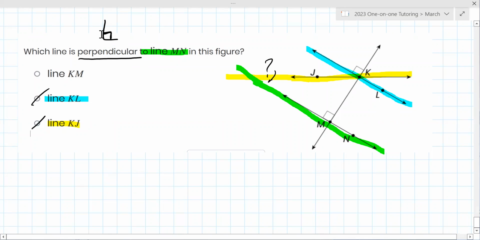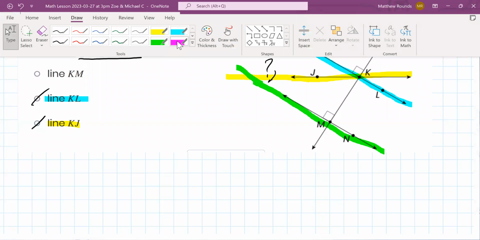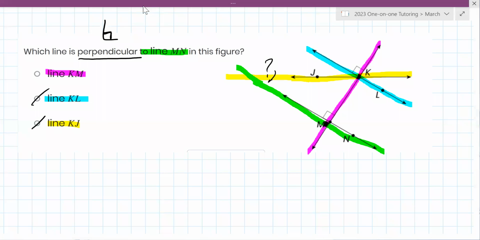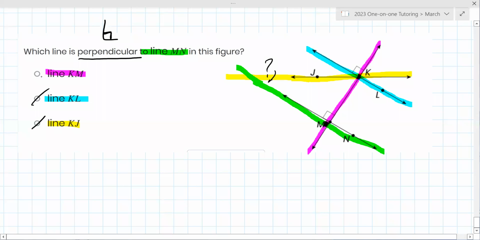Perpendicular means they've got to meet at the box. So the answer must be KM, but let's see why. Here's KM. Is there a box there where they intersect? Yeah. Well, that's what makes them perpendicular. So that's your correct answer.